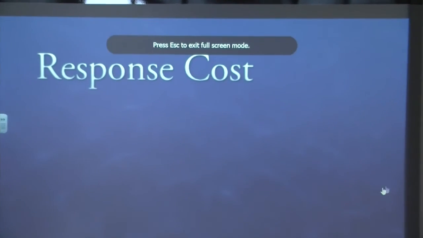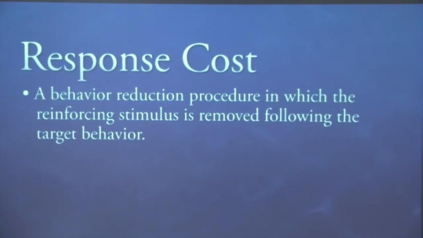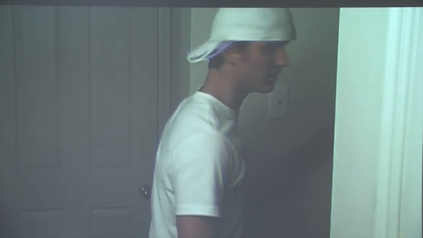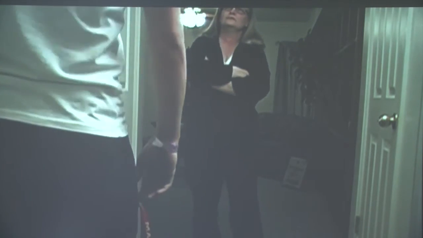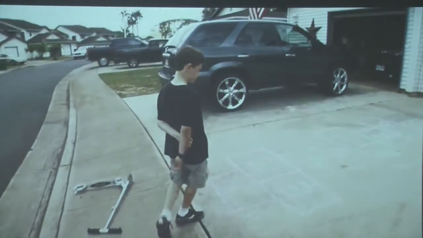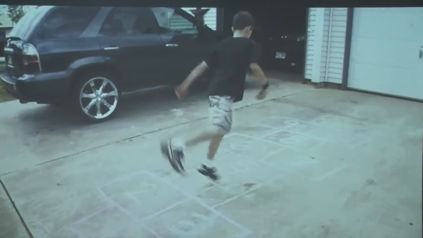Response cost is a behavior reduction procedure in which the reinforcing stimulus is removed following the target behavior. For example, if a boy breaks curfew, mom may take away the privilege of using the family car. Response costs can be paired with reinforcement procedures that are already in place. Blake, a boy with high-functioning autism, loves to play computer and video games.